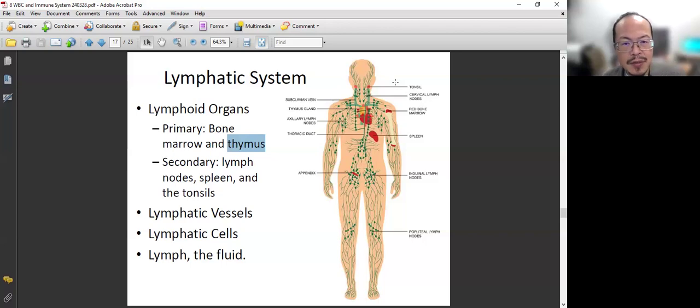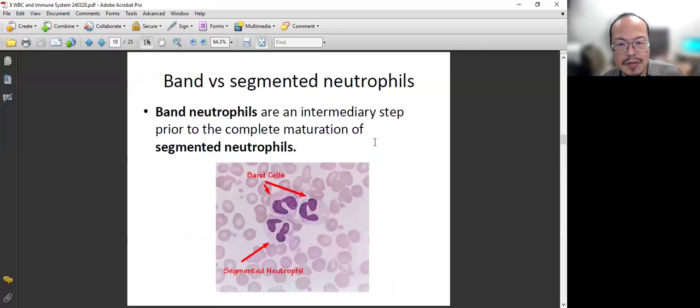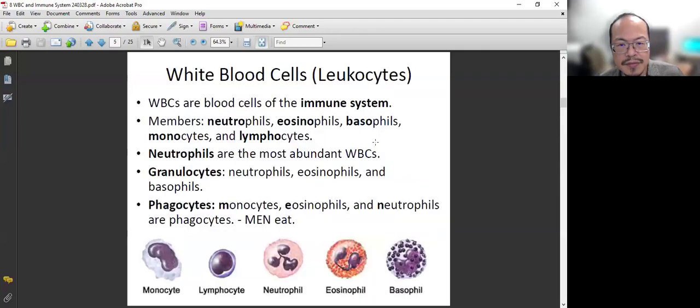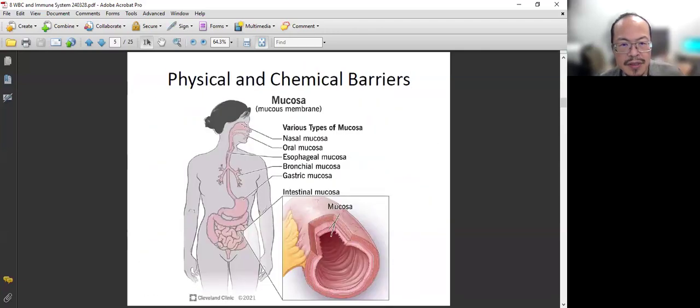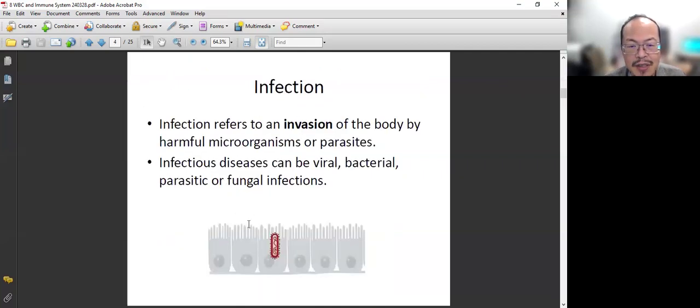We earlier talked about the mucosa right here. This is where the virus and bacteria will first enter, right? We have this physical barrier, but they will enter.